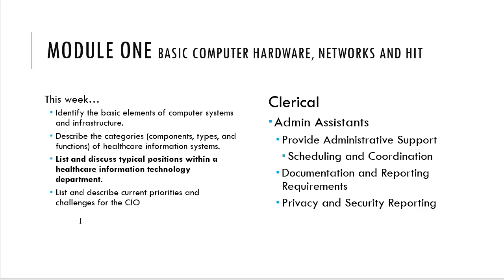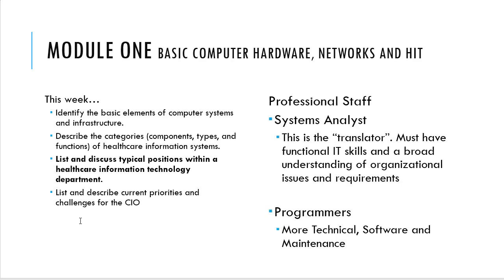The clerical personnel in a healthcare IT department provide administrative support, scheduling coordination, documentation and reporting requirements, whether it be for magnet status for nursing, or for the Joint Commission, or for any other reporting that they might have to the federal government, to CMS, as well as any privacy and security reporting. Typically, the reporting is actually handled by the administrative assistants.